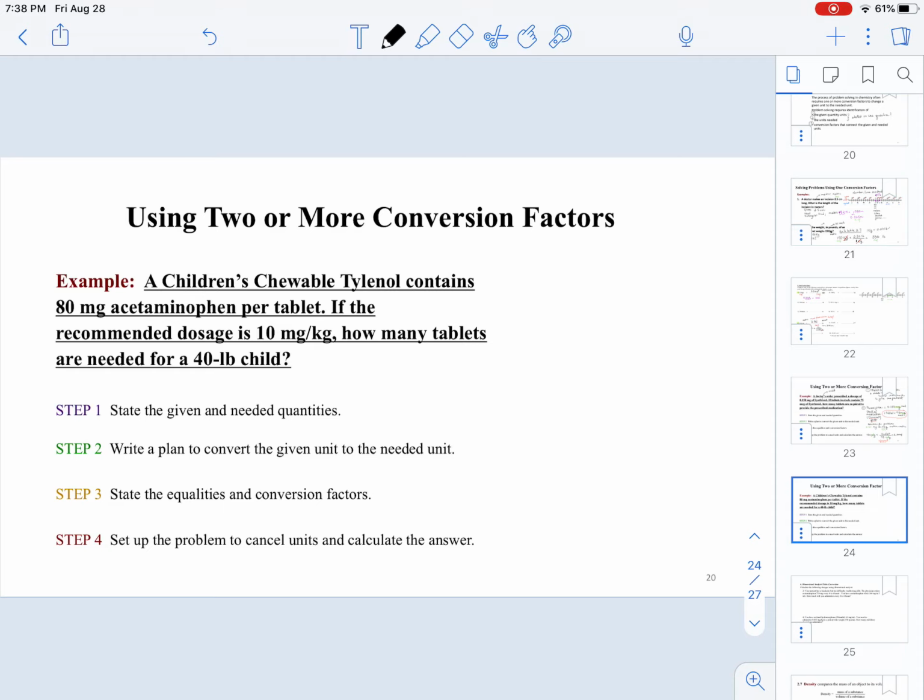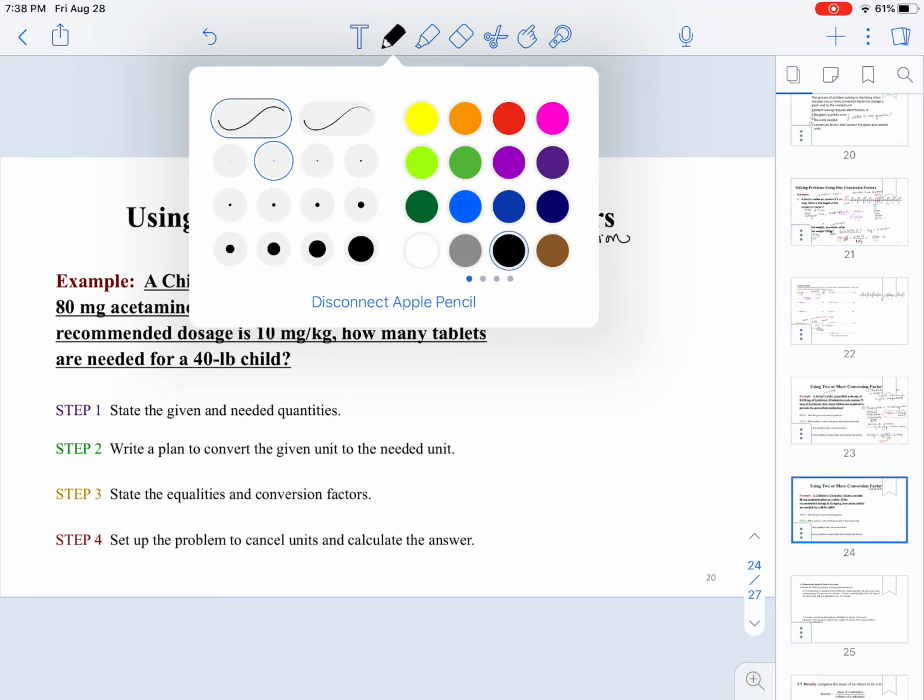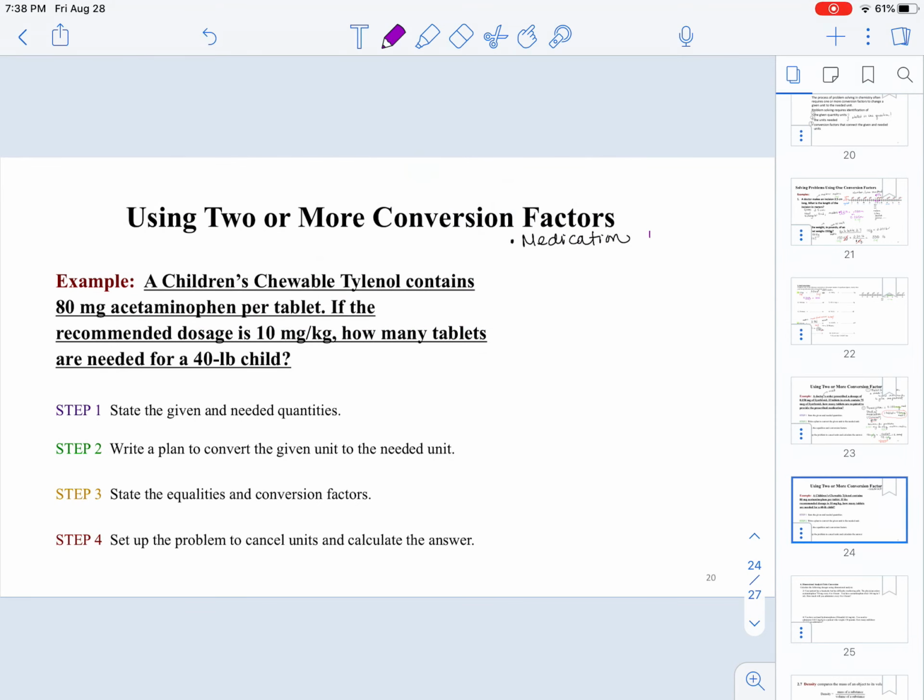So in this type of clinical problem, you have the given medication, which in this case, let me do it in a different color, is 1 tablet equals 80 mg.